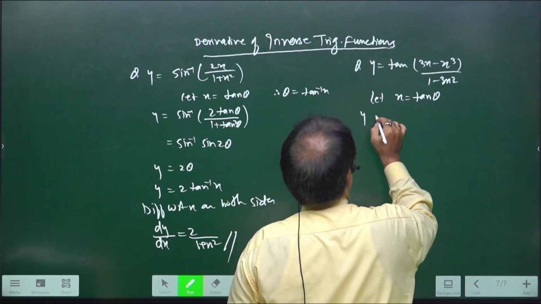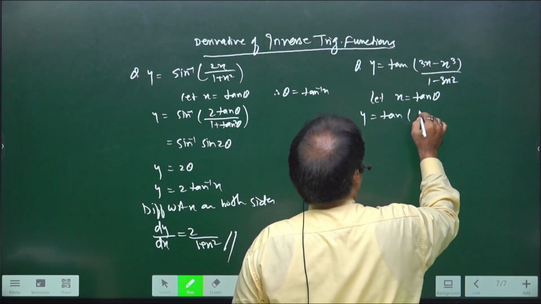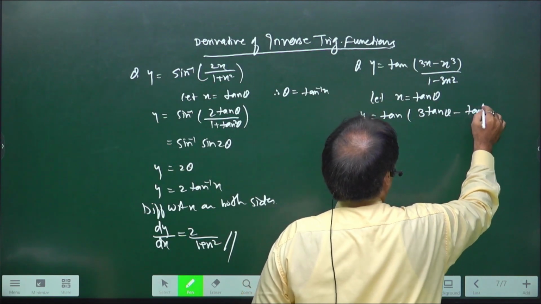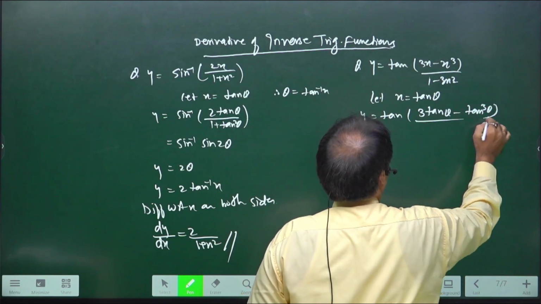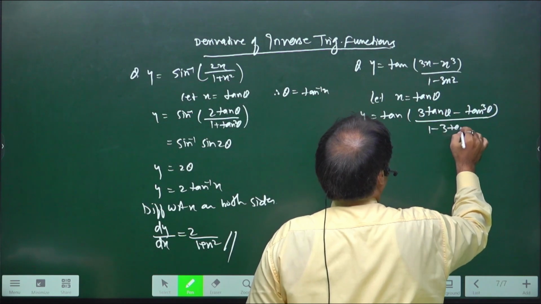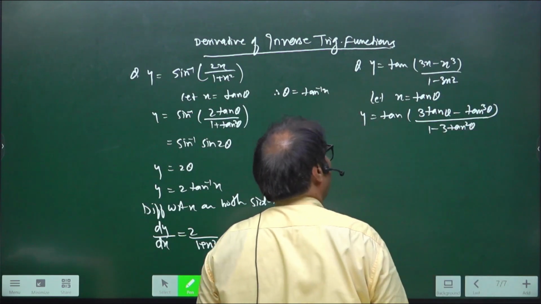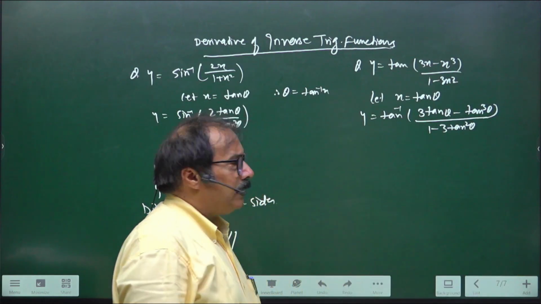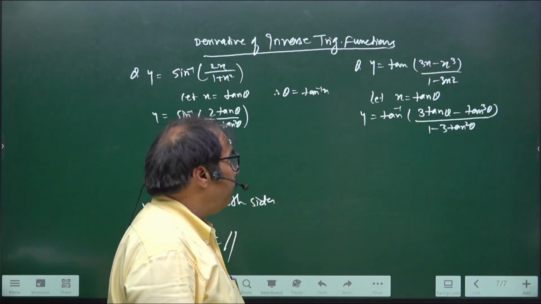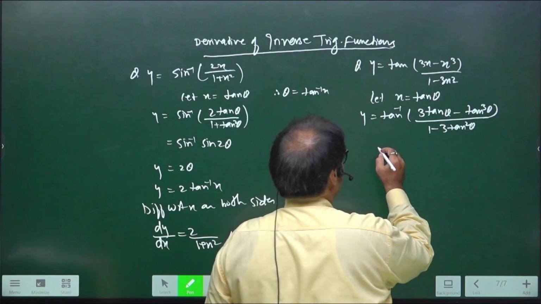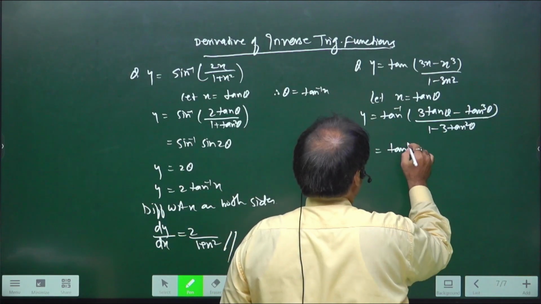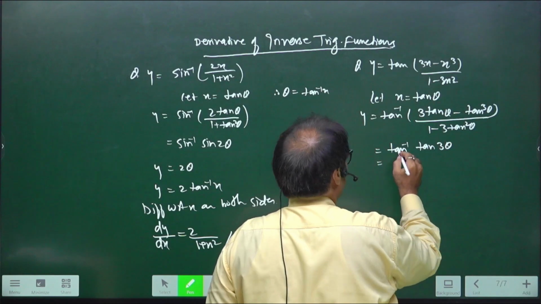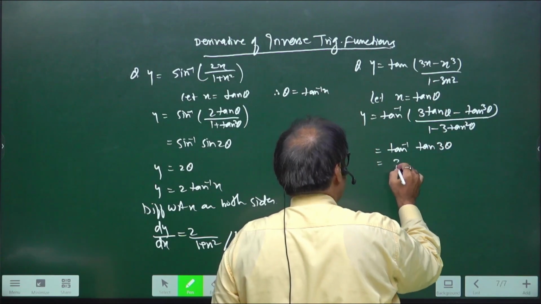So y is equal to tan inverse of 3 tan theta minus tan cube theta divided by 1 minus 3 tan square theta, and this is equal to tan 3 theta. So tan inverse tan 3 theta, and tan inverse tan theta means theta, so it will be 3 theta.